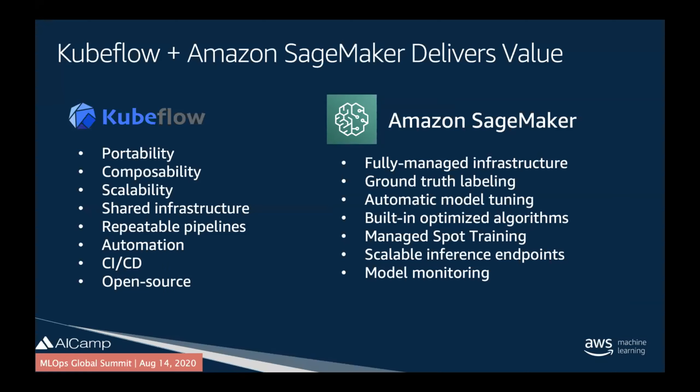On the other hand, you can integrate with cloud managed services, which can give you even further capabilities, whether it's fully managed infrastructure or automatic model tuning. You can leverage spot training, which gives up to 90% savings in cost for those instances. You have scalable inference endpoints and a lot of capabilities around model monitoring as well.